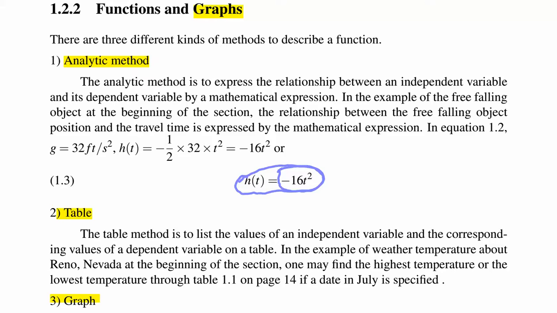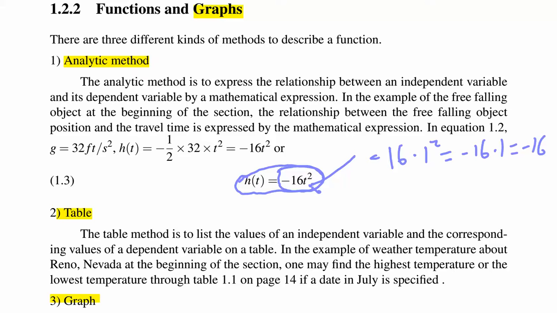For example, if you plug in 1 here, then you have negative 16 times 1 squared, which is negative 16 times 1, which is negative 16.